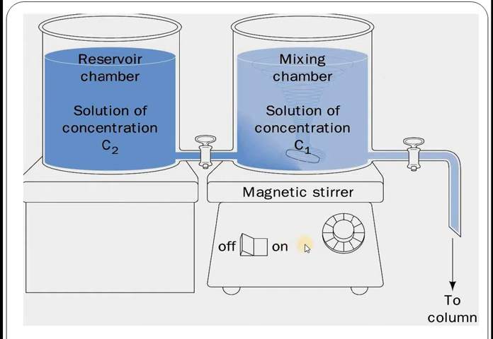Here is the magnetic stirrer, used for the mixing process. Here is the reservoir chamber with solution of concentration C2, and the mixing chamber with solution of concentration C1, and these are the solutions going to the column.